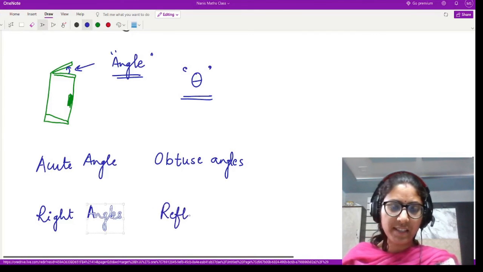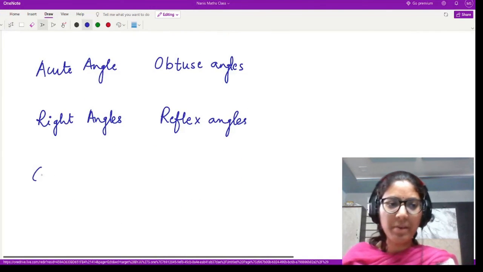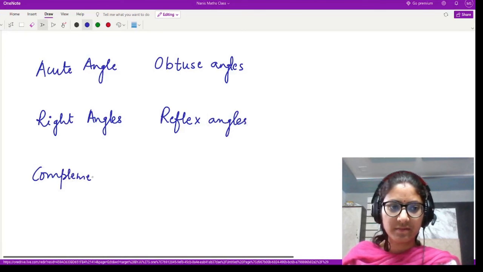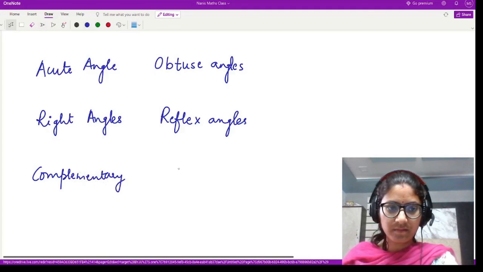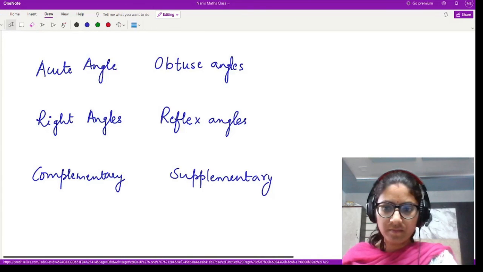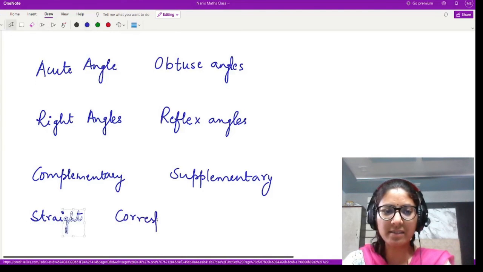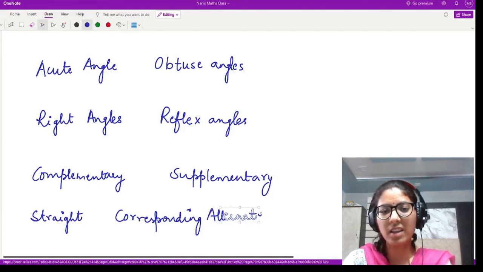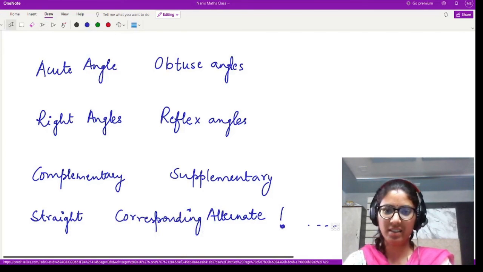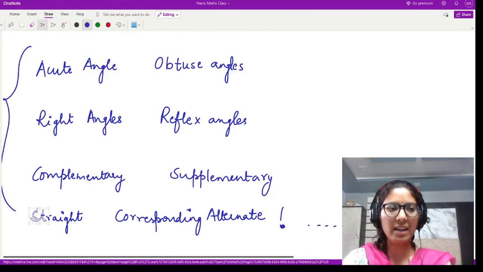We have reflex angles, complementary angles, supplementary angles, straight angles, corresponding angles, alternate angles, and many more kinds of angles. The list is increasing, right? We can discuss all of these angles in detail in the next video.